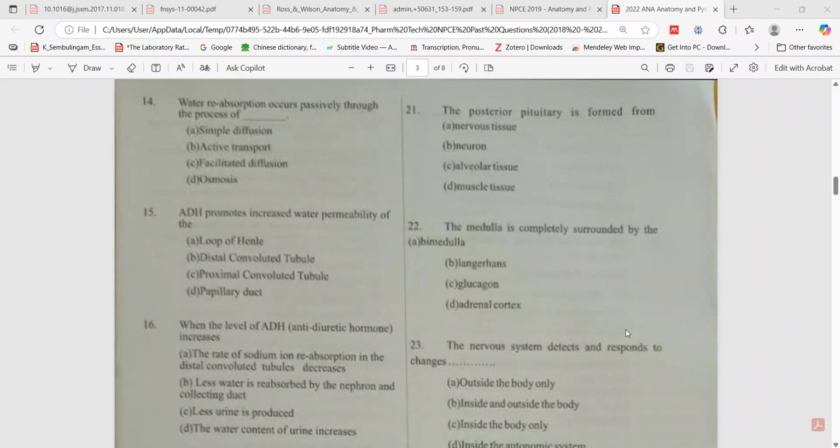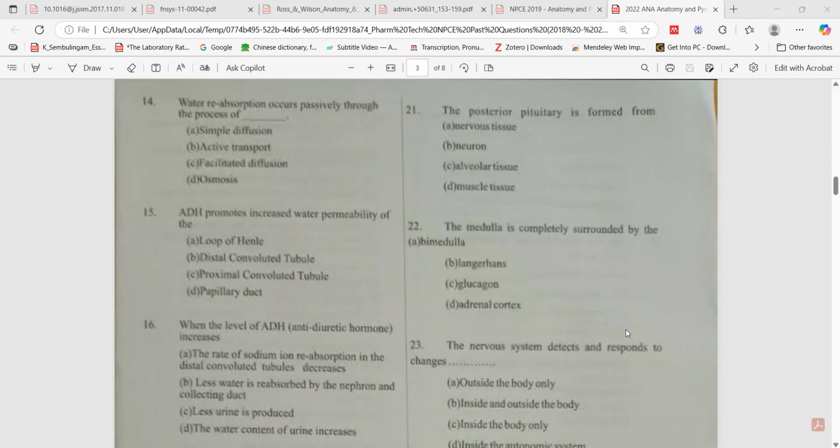So what type of tissue is the posterior pituitary? What's another name for posterior pituitary? The posterior pituitary is otherwise known as neurohypophysis. So the posterior pituitary is formed from nervous tissue.